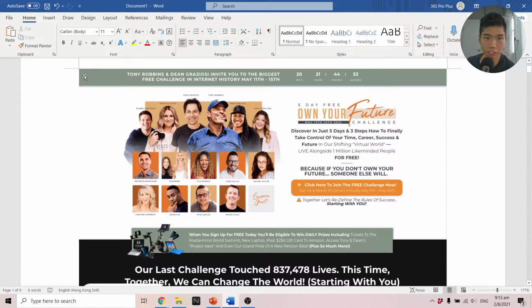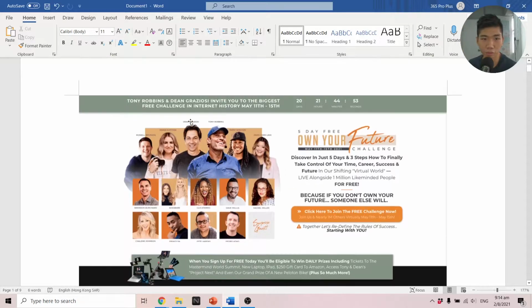Okay, the first section talks about when this challenge will start. They also put a timer here which creates some urgency. Even though the timer is about 20 days, the timer is a psychological trigger that gives people a little bit of urgency.